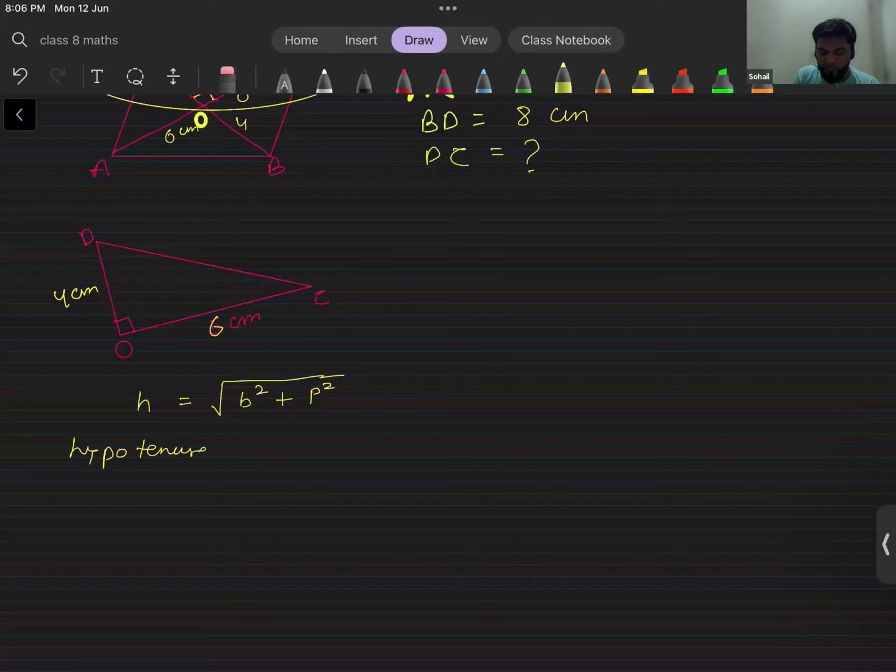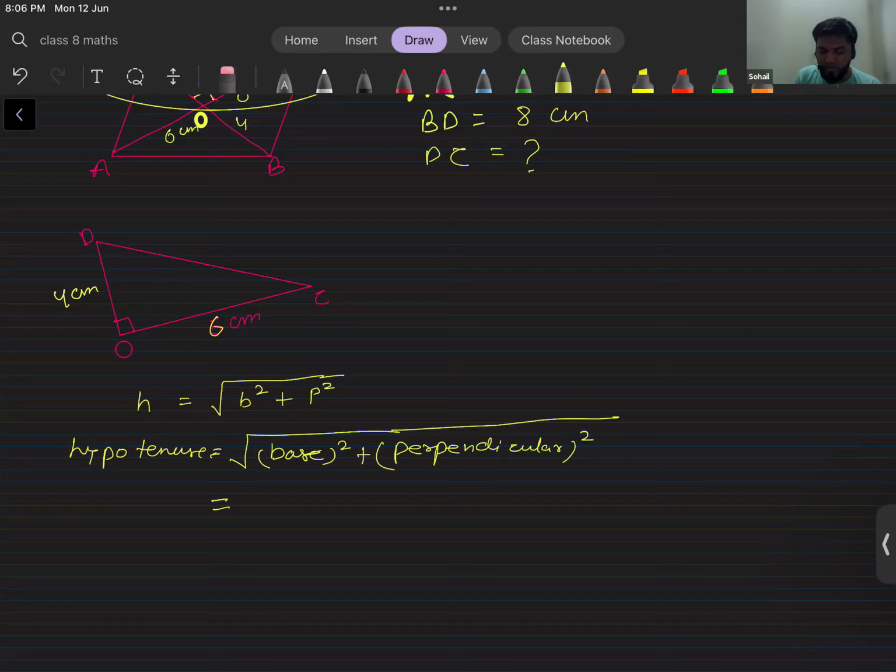Hypotenuse equals the square root of base square plus perpendicular square. Arhan, are you solving this? And Ahmed, are you solving this?